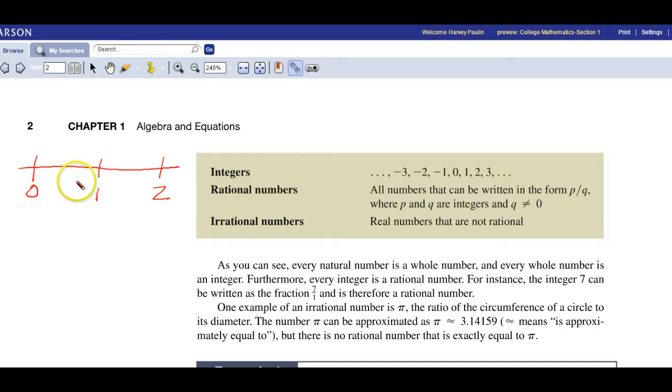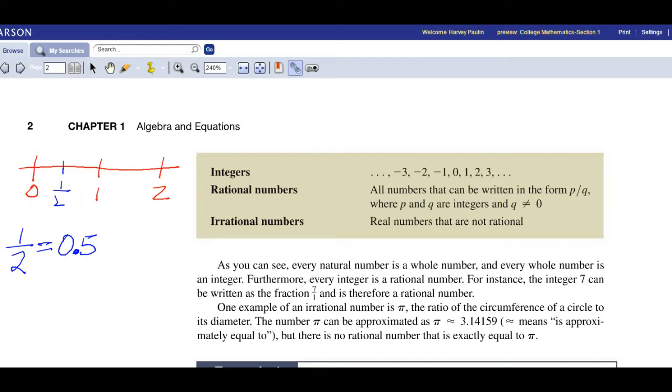And are there numbers between 0 and 1? And the answer is yes. Right there is a 1/2. Now, when we convert 1/2 to a decimal, we get 0.5.